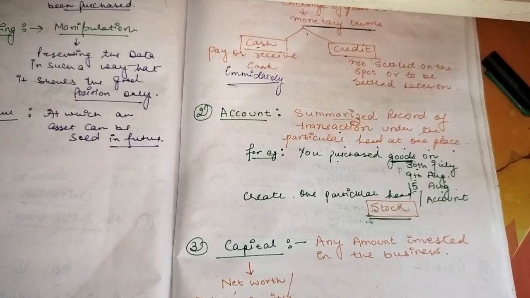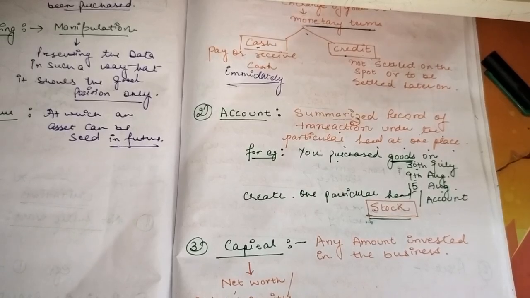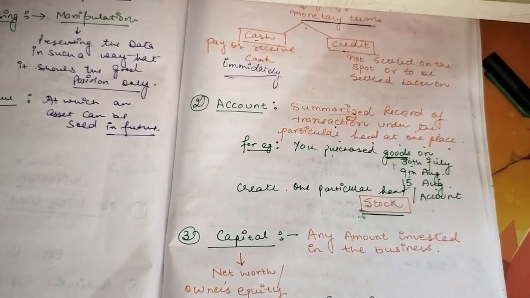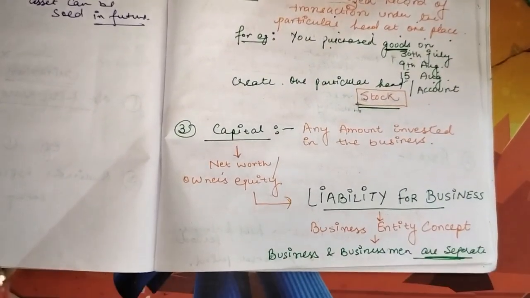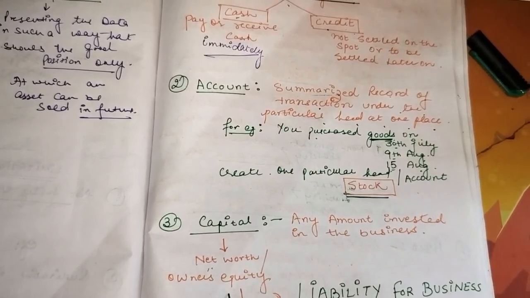I am paying 2 lakh rupees to the business. Now the amount that is being paid to the business is known as the capital. Any amount in the form of cash or in the form of goods that is being invested in the business is known as capital. Capital is also known as net worth or owner's equity.